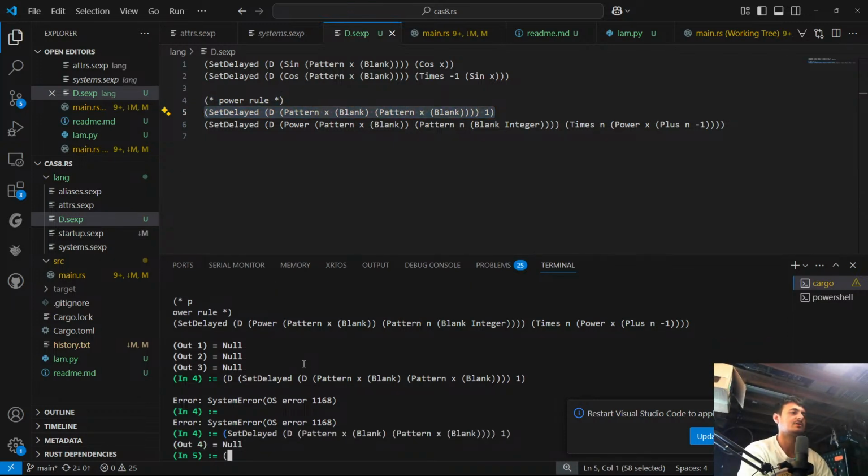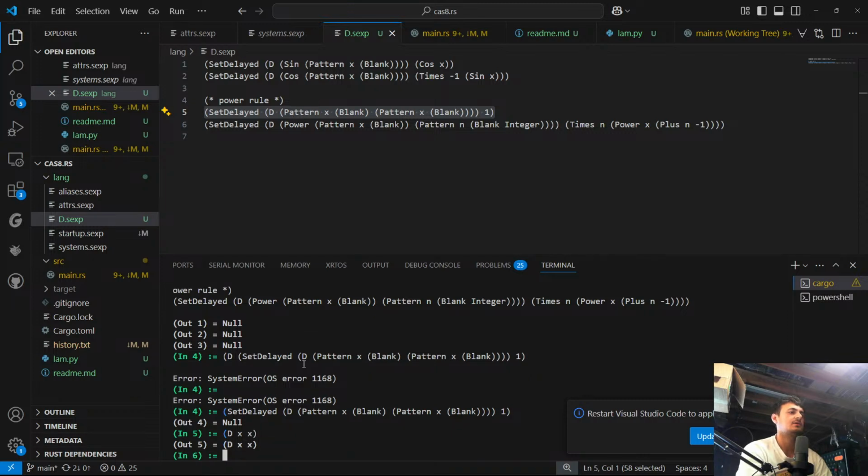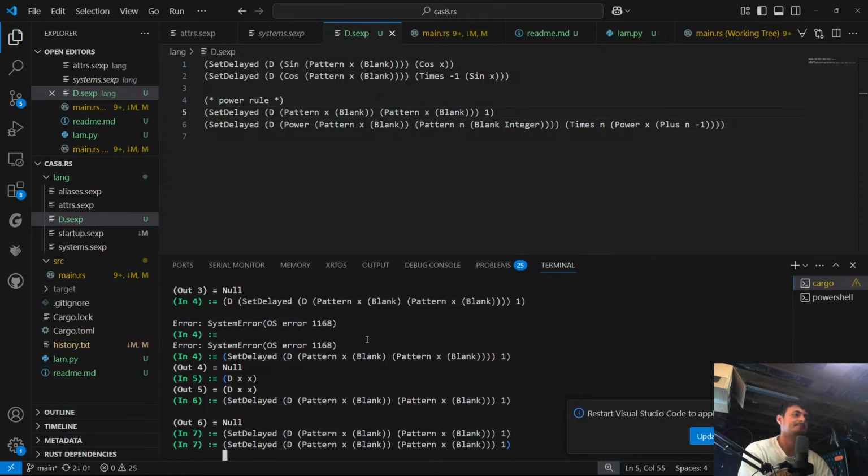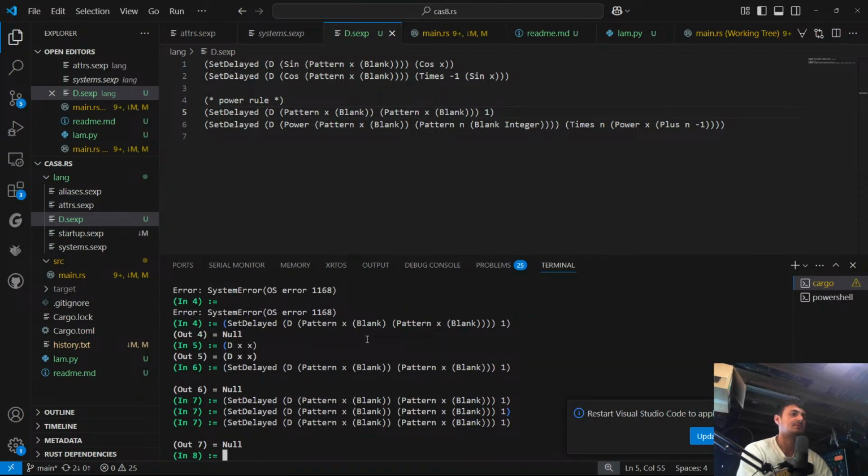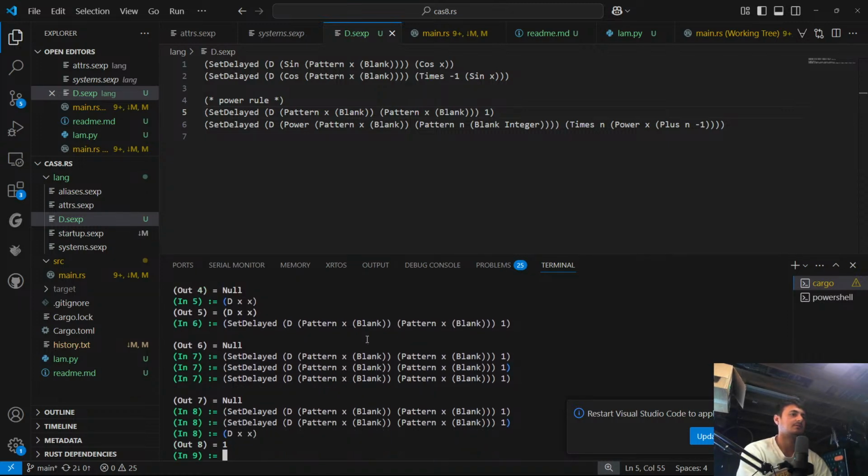All right, so if we do just DXX, damn it, why didn't that match? D pattern X blank. Oh, you know why? Because I'm stupid. Okay, that's what we want. Oops. Okay, oh, there we go. So we have that.